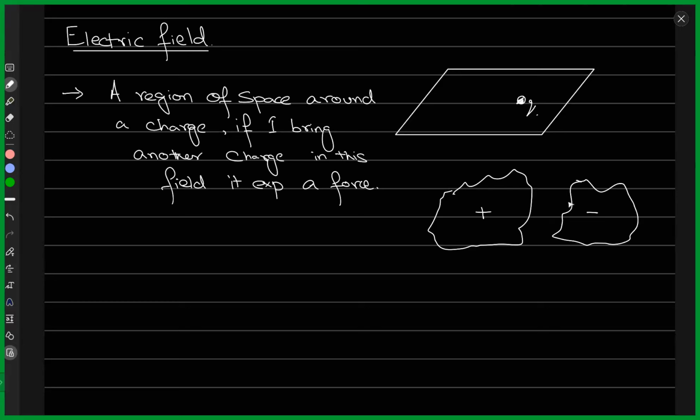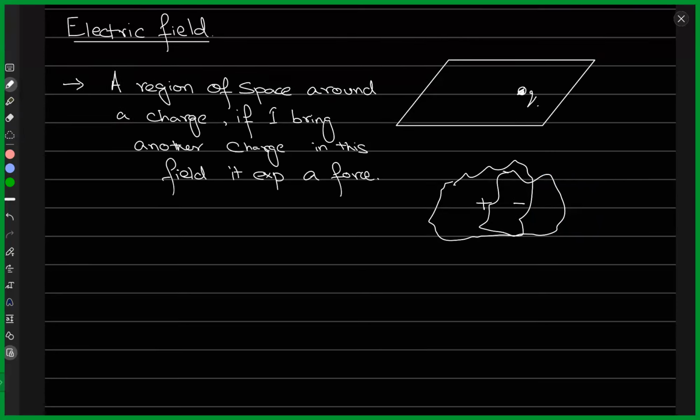But as soon as the negative charge starts coming closer towards the positive charge, you can see on the screen, it's coming closer, closer. As soon as it enters the vicinity of the field of the positive charge, it will immediately experience this attractive force, and then it will be attracted towards the positive charge. Right? So that's electric field.